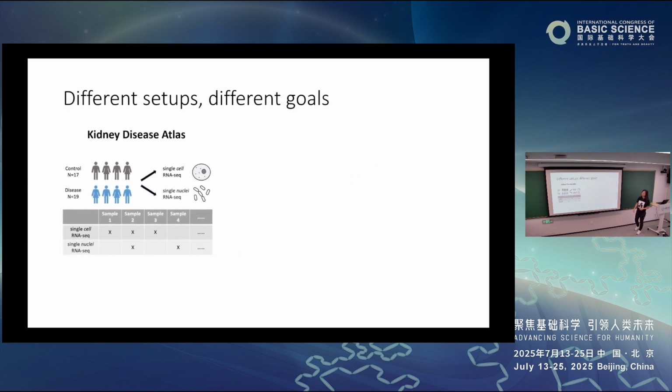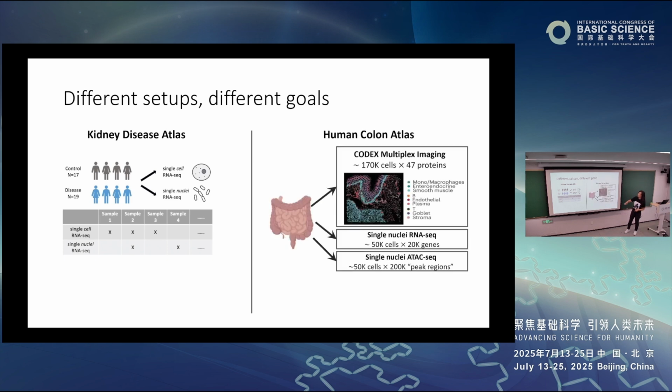With the remaining time, I think there's only a few minutes, I don't want to go too much into the details. I just want to say that there are different setups, different goals, right? I showed you just now the kidney atlas example, where our goal is to identify disease versus healthy differences, versus the human colon atlas example, where you have the exact same tissue, but processed in 3 different layers of information, right?